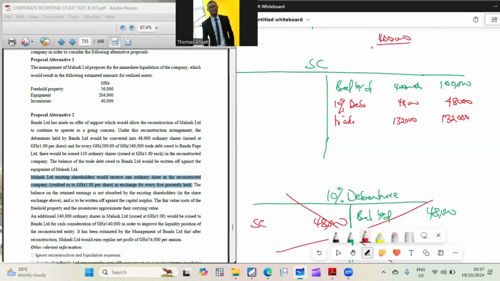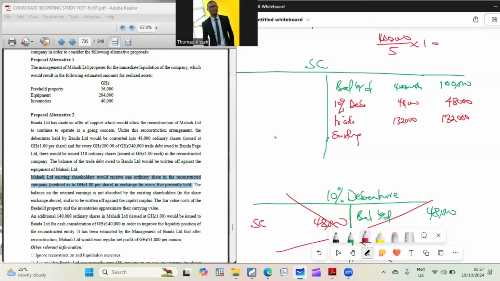So it said that they are going to exchange it for every 5. For every 5 presently held, they are going to get 1. How many shares is that? 80,000.